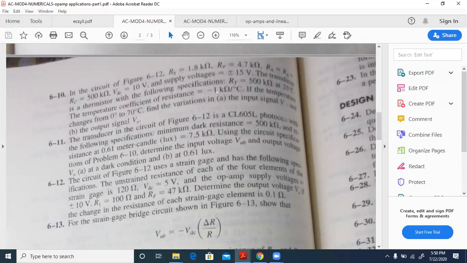That will definitely give you the negative value, the reduction value. But for 0 degrees, it will be 500 plus 0 minus 25 into minus 1 kilo ohm. That will give you 525 kilo ohms. So what will be the variation is what he is asking.